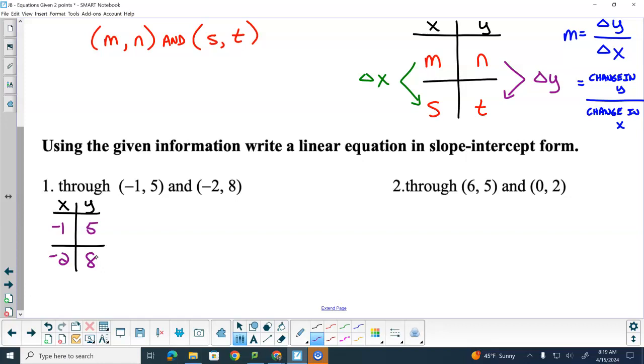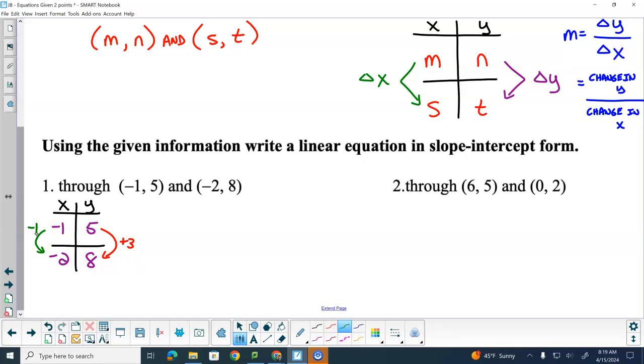Okay? All right? Michelle, now we got to find our slope, right? Our change in y over our change in x. So how do I go from 5 to 8? Plus 3. Love it. How do I go from -1 to -2? -1. You had it. I thought I was going to teach you the trick because the 1 to 2 is like adding 1.